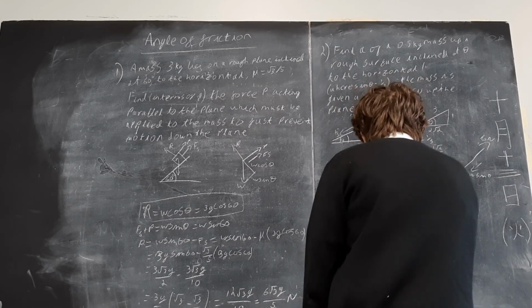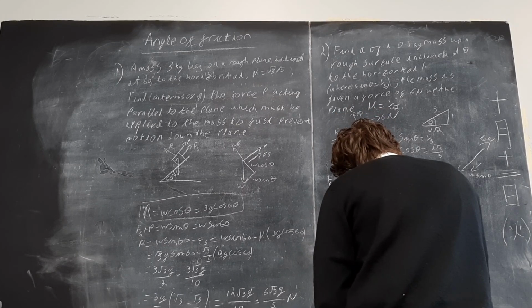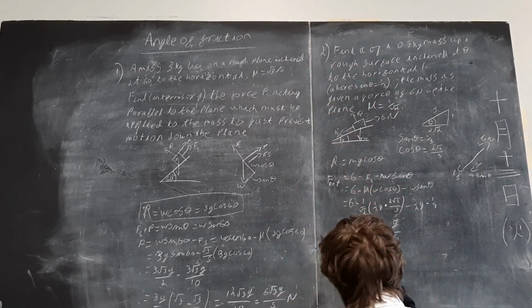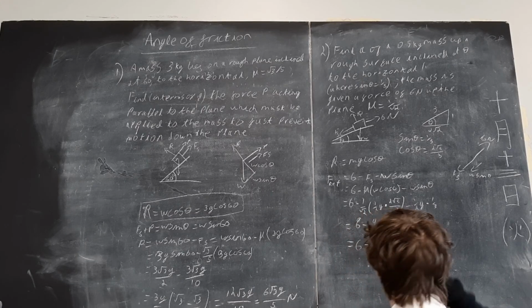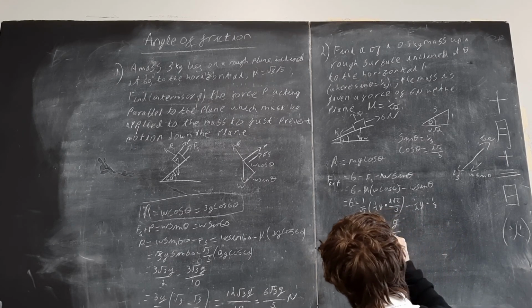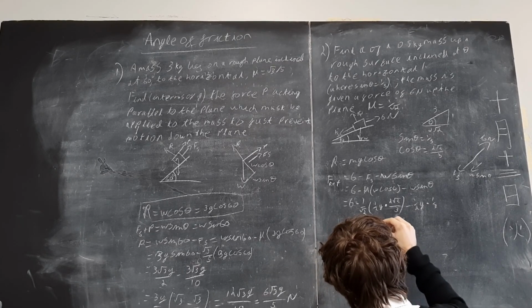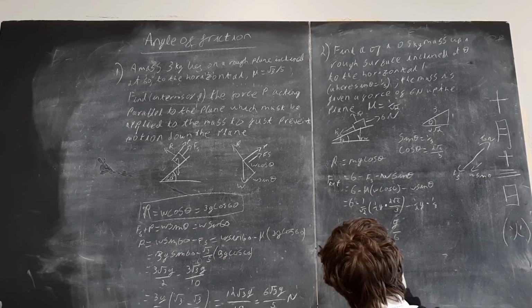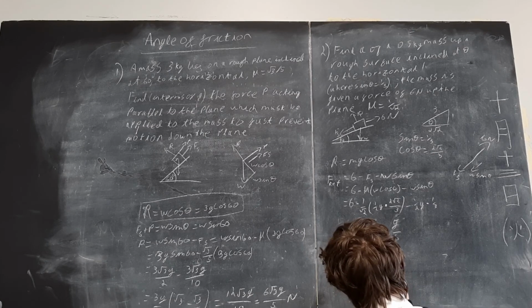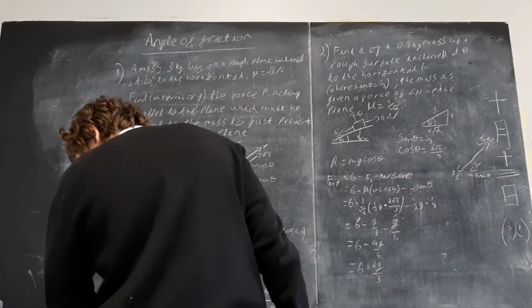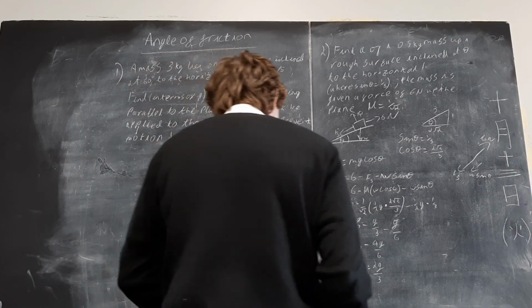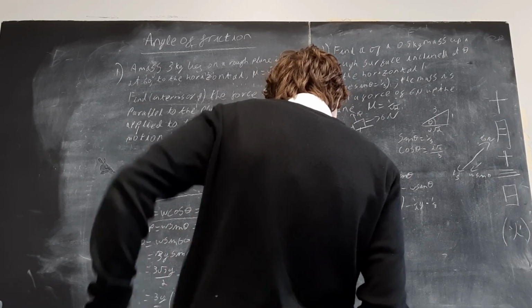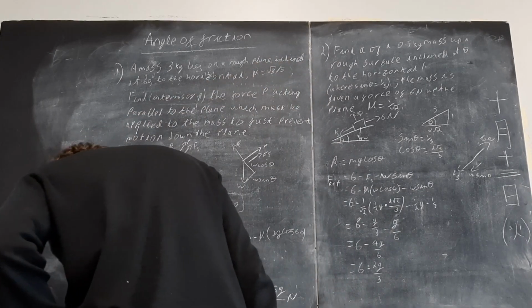Then that is equal to 6 take 4g over 6, 6 take 2g over 3. Great, I've written down something wrong here.